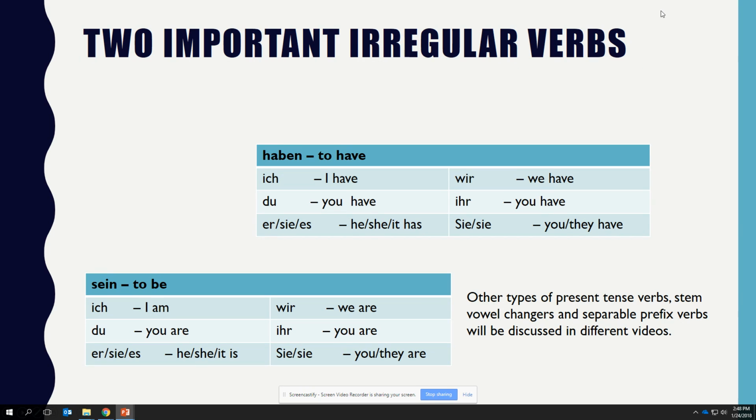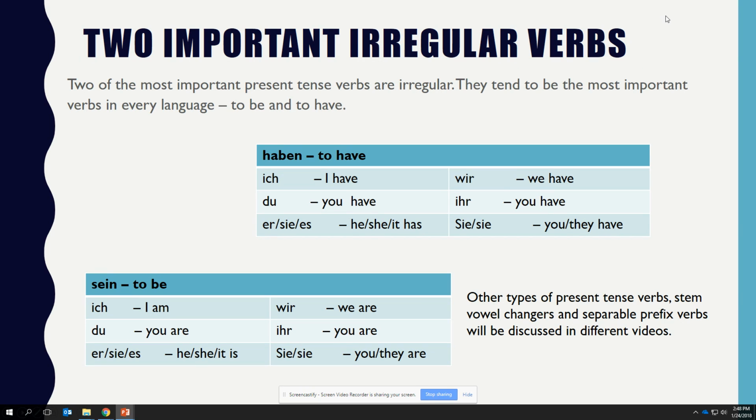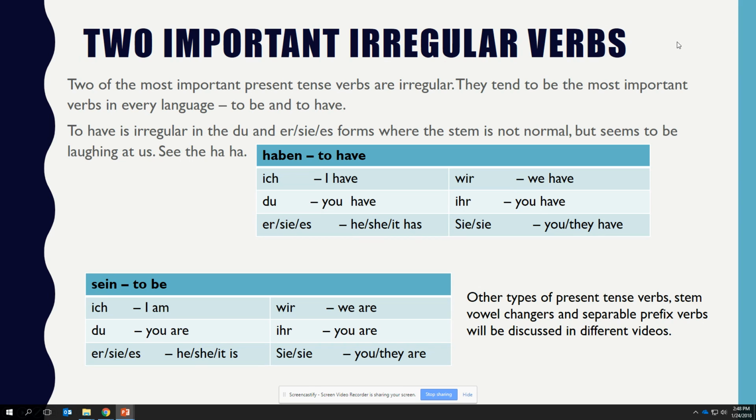There are two more important verbs. Some of the most important present tense verbs are irregular, and these two tend to be the most important in every language, to be and to have. To have is irregular in the du and the sie es forms. The normal stem for haben is hab, but for du and sie es, the stem seems to be laughing at us.